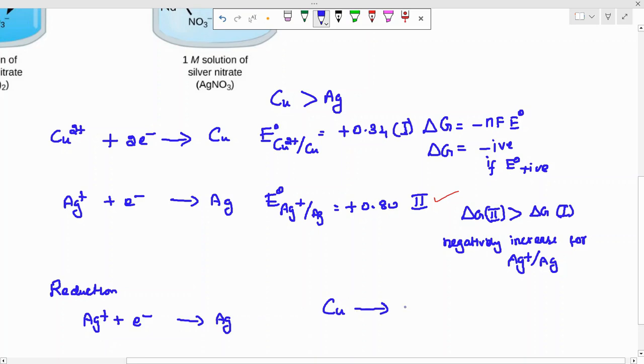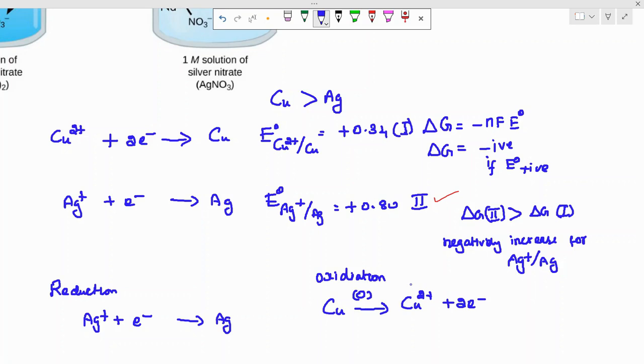Copper will get converted into Cu2+ and two electrons will be released. This is called oxidation. So oxidation will happen at one end and reduction at the other end. The more spontaneous part will take the reduction case, and the less spontaneous one, with the less negative delta G value, will take the oxidation process.